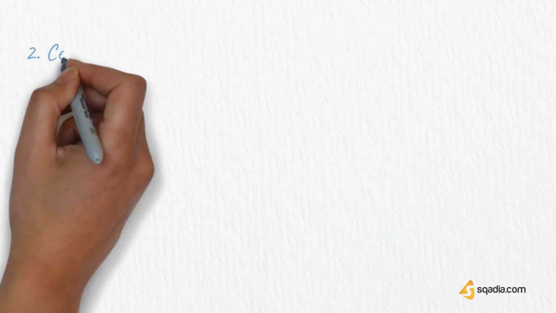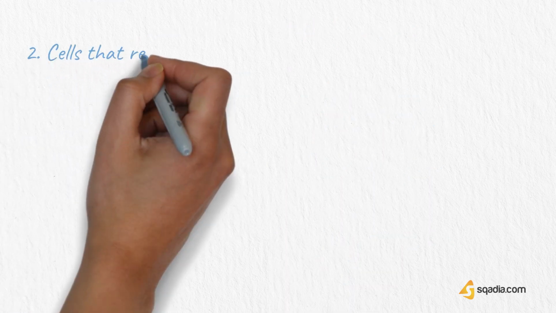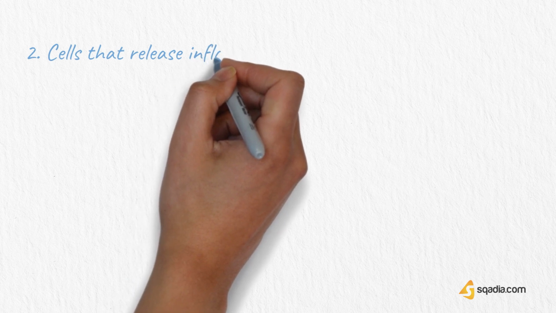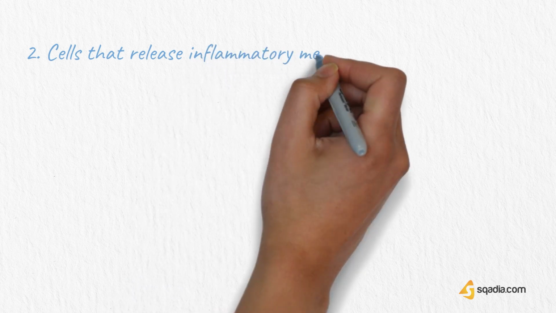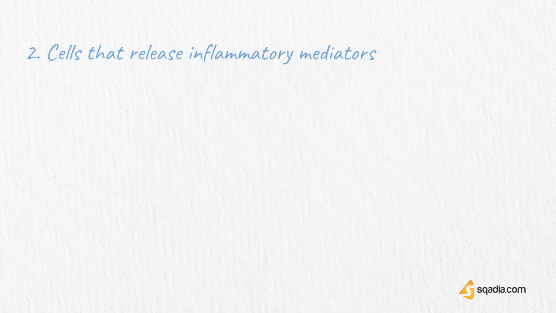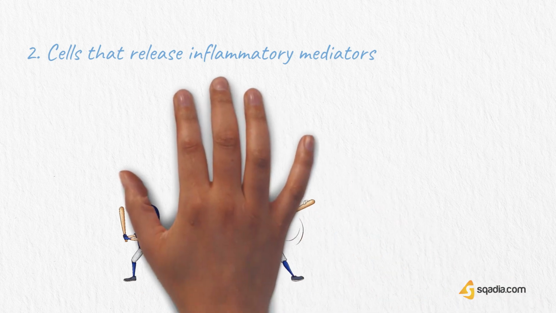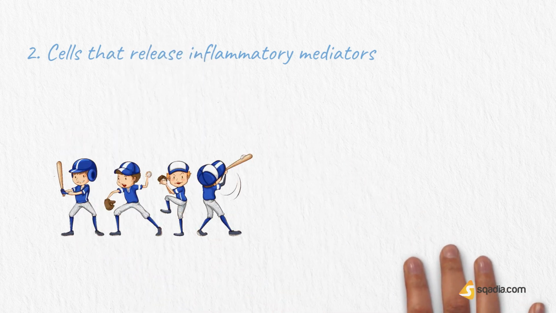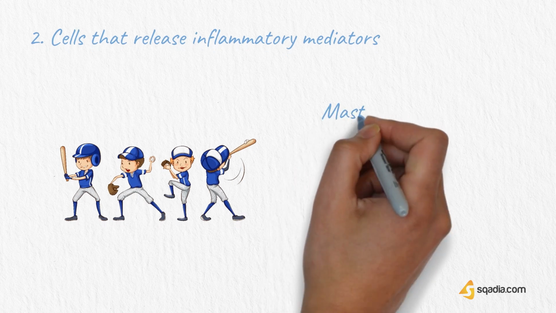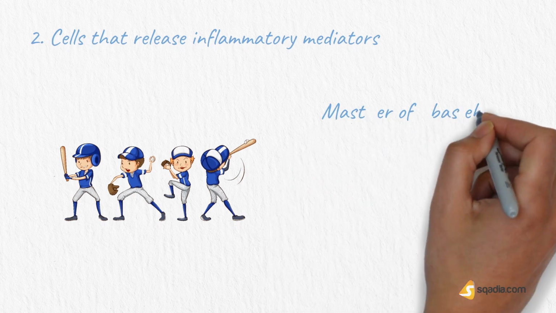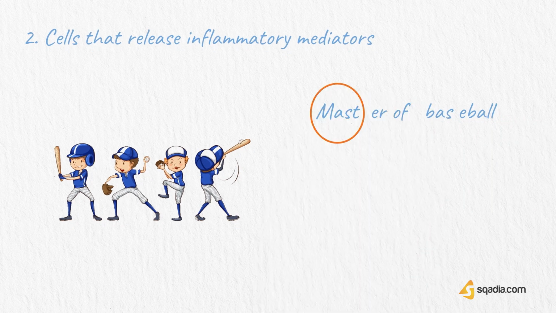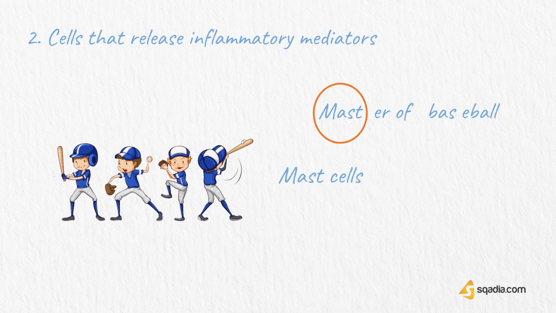Well done. The second category, the cells that release inflammatory mediators. Here's another mnemonic. Master of baseball. This guy here. The mast is for mast cells. Mast cells.